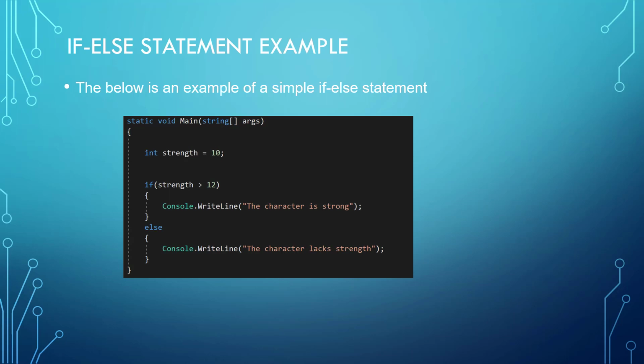It's not true, because strength's only a 10, so it's not greater than 12. So when the computer evaluates that this particular expression is false, it's going to jump down to the else block, and you would see the character lacks strength printed on the console window.